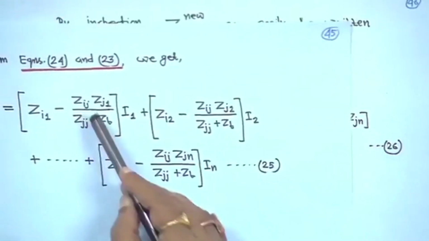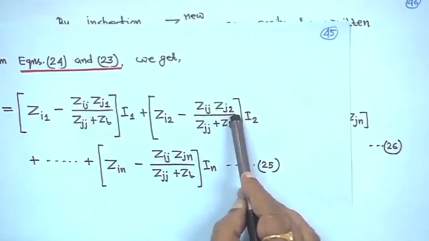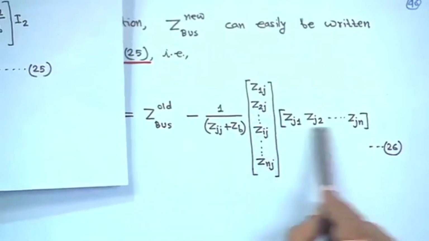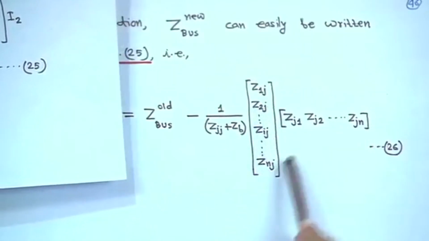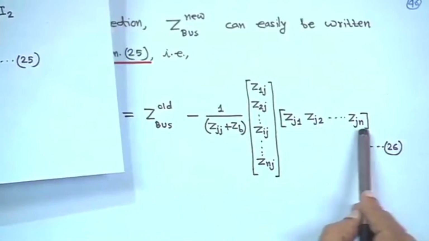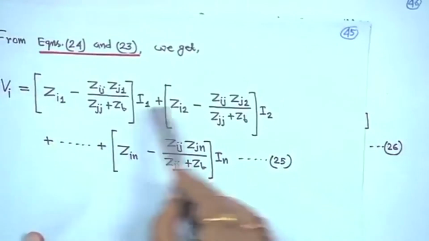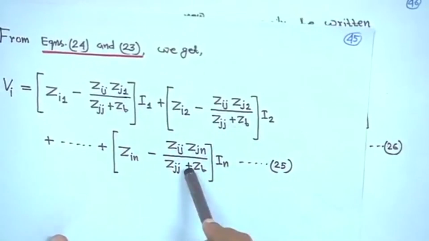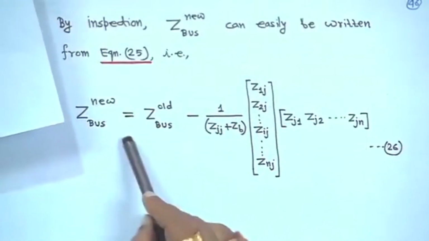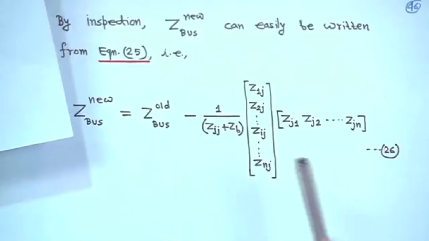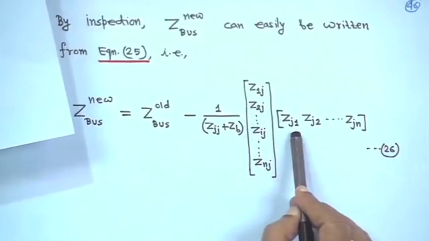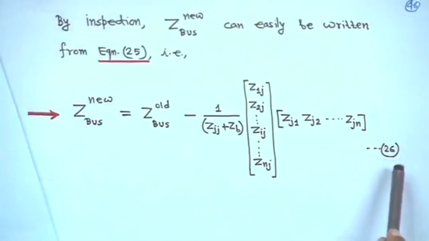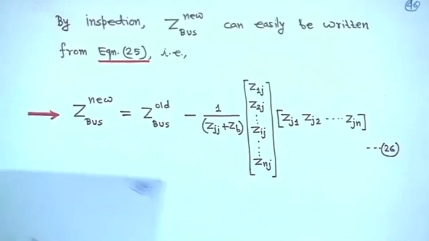Because these products are there: Zij Zj1, Zij Zj2, Zij Zjn. These are the old elements of the old Z bus matrix, and the term is written in this form so that computationally you can compute it this way, right. And Z1j is equal to Zj1, it is a symmetric matrix. This is equation 26. This is actually type 3 modification, right.